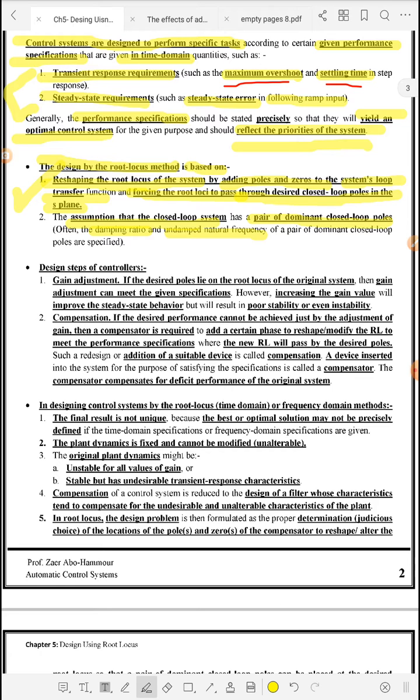And the second thing is the assumption that after the addition of the controller, the pair of dominant closed loop poles that we have specified based on omega n and zeta are really dominant and satisfy this ratio of not less than 4 as compared with the other non-dominant poles.